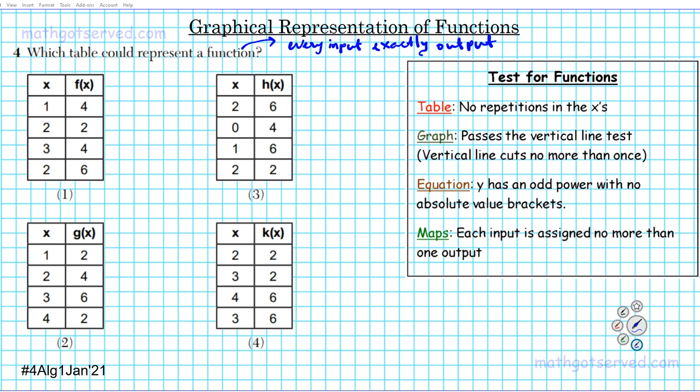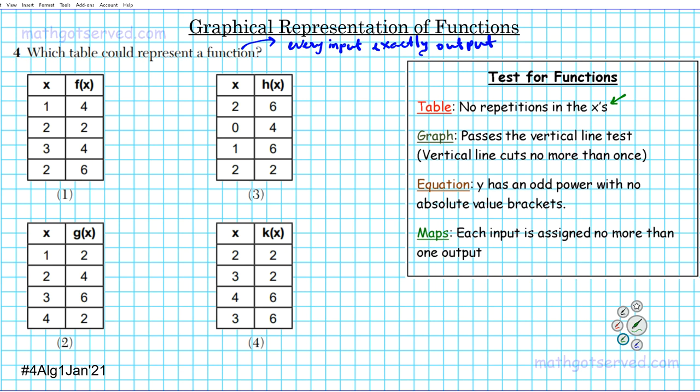Now, there are different ways that a function can be presented as illustrated here in this box. And for each representation, there is a strategy to determine if that particular representation is a function or not. So if you're given a table, you want to focus your attention on the x's. Okay, why is that? Well, because that's the input.